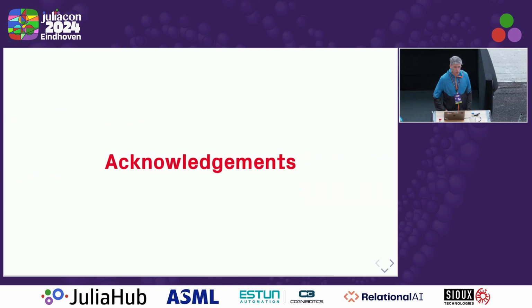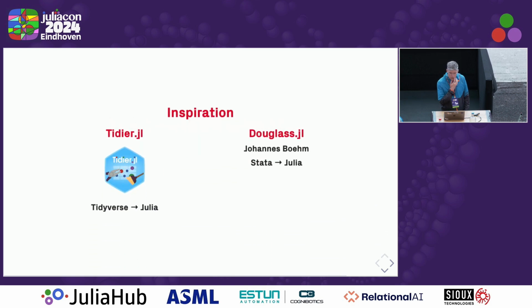Okay, so these are the plans for the future. So just a couple of slides on the acknowledgements. We got inspired to even start doing this by Tidier.jl and Karandeep Singh and all the contributors to Tidier.jl. We've been thinking about the problems for some time, but when we saw Tidier data come about, we saw it's actually possible to do it in Julia. So let's try it.